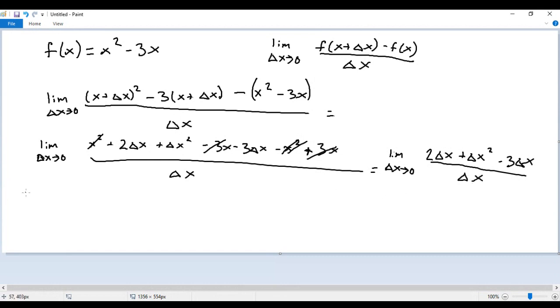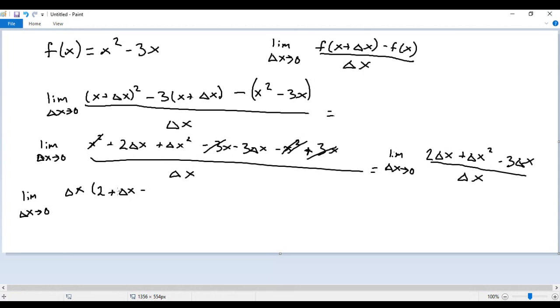Then we can factor out a delta x. You should be able to factor out a delta x in every limit definition of a derivative you do. We have delta x times 2 plus delta x minus, let's see, did I misplace an x somewhere?